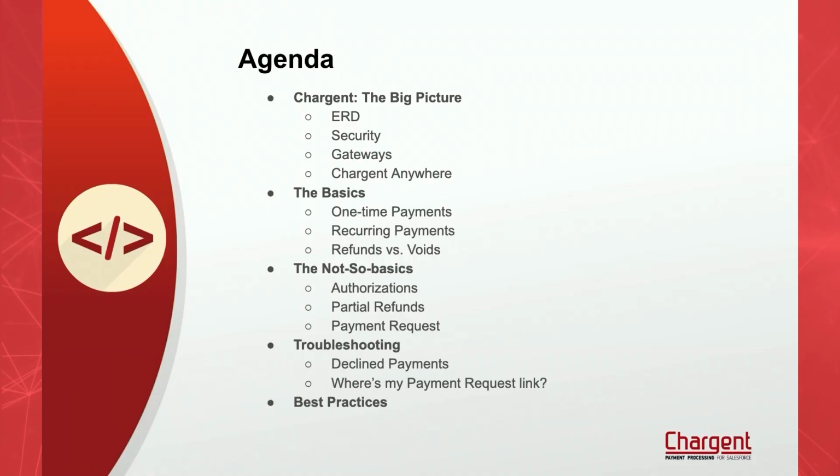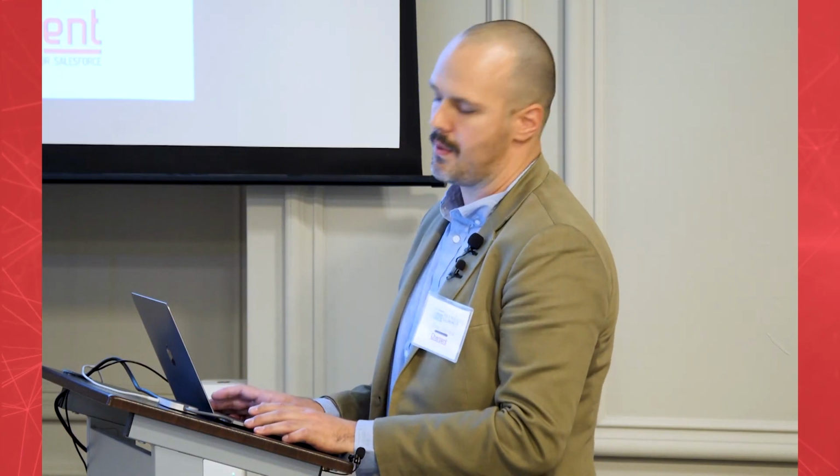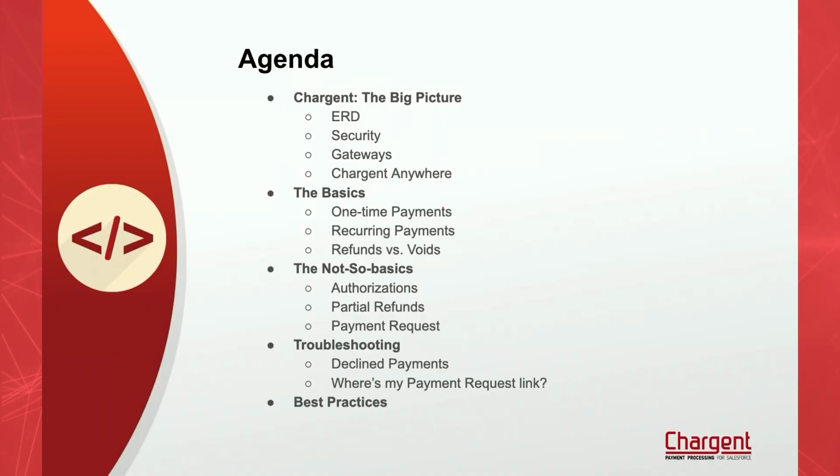Then we're going to talk about the basics: one-time payments, recurring payments, refunds versus voids, not a combination of the words refund and void like I just said. We're going to delve into the not-so-basics, things like authorizations, which we've touched on again, partial refunds, payment requests, and then we're going to talk a little bit about troubleshooting and some best practices. And then there is a delightful quiz that you will all get 100% on.